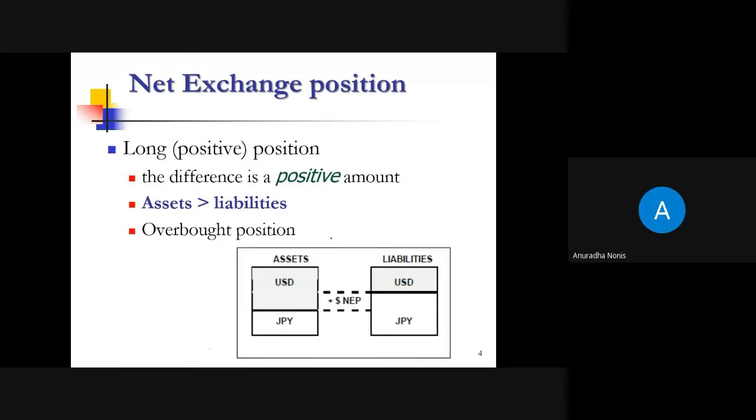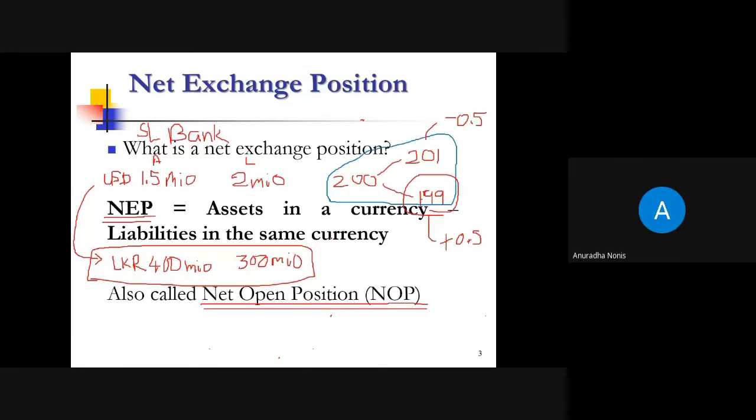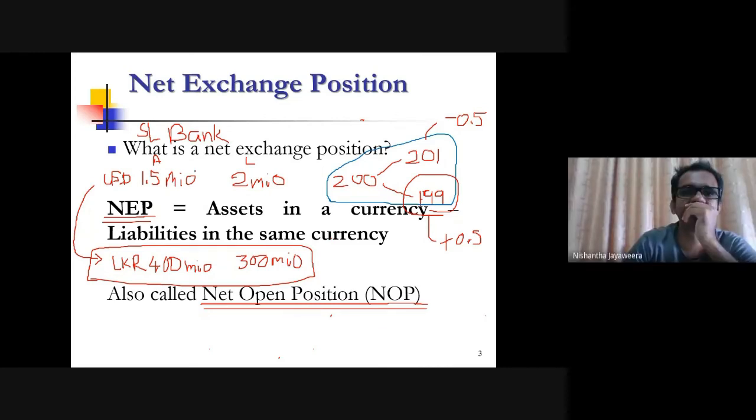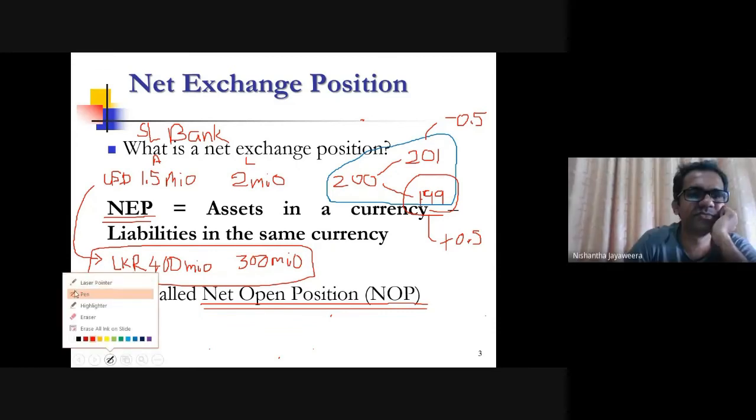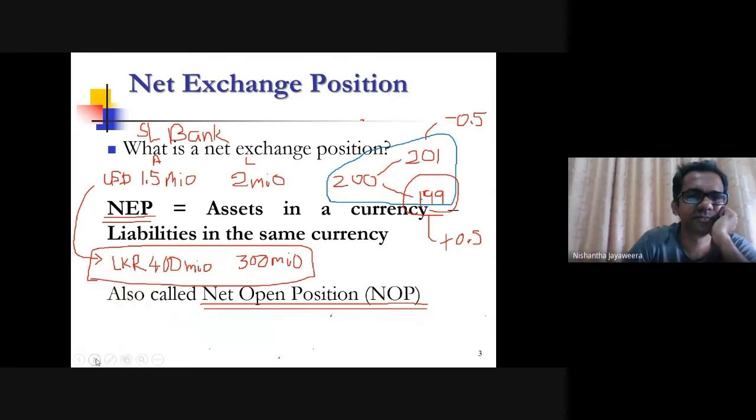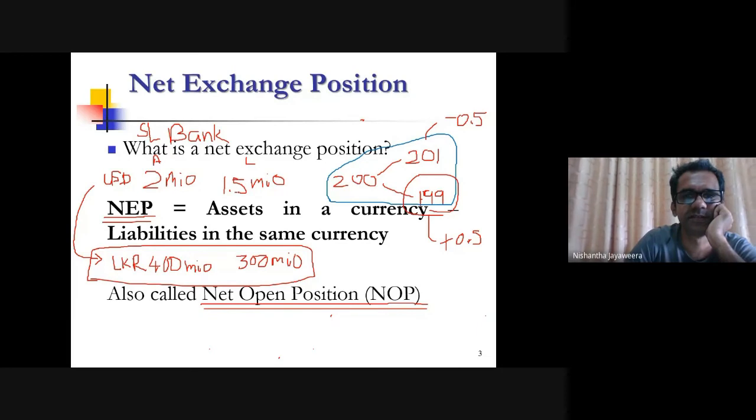Excuse me, I have a question. When currency goes to 199, when assets are more than liabilities, can you explain that scenario again? Okay. In that scenario, we had 2 million assets, 1.5 million liabilities.